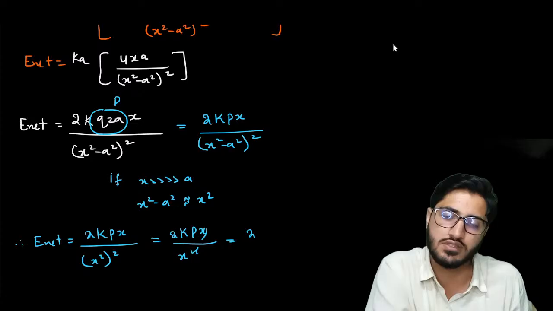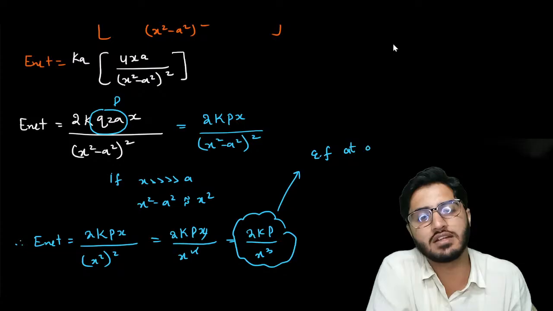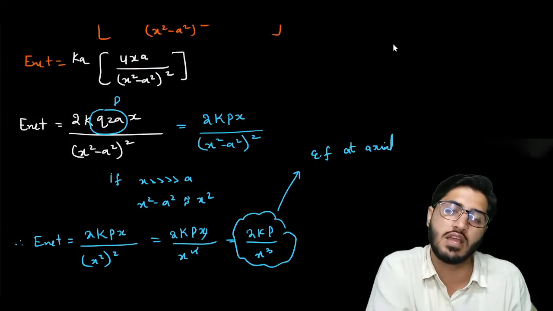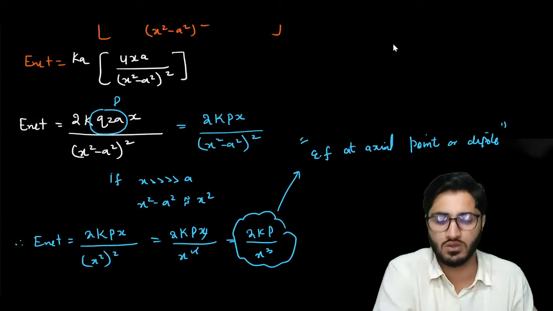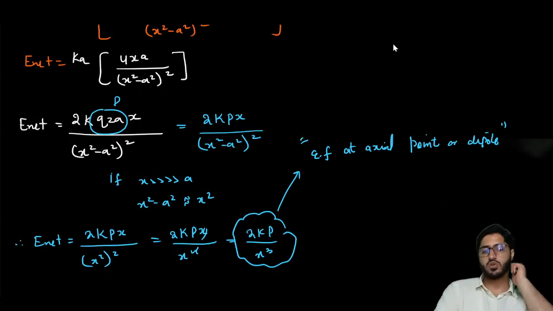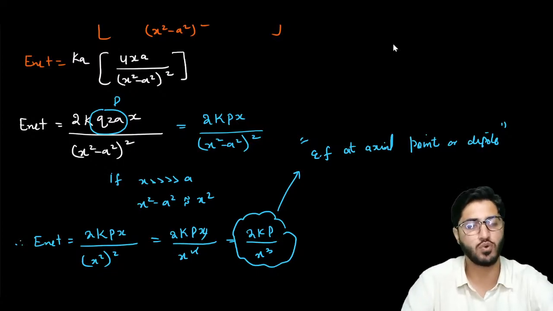Cancelling out, it is 2KP by X cube. So this relation is the electric field at an axial point of the dipole. Okay, so this is how you have to find the electric field at the axial point of the dipole.